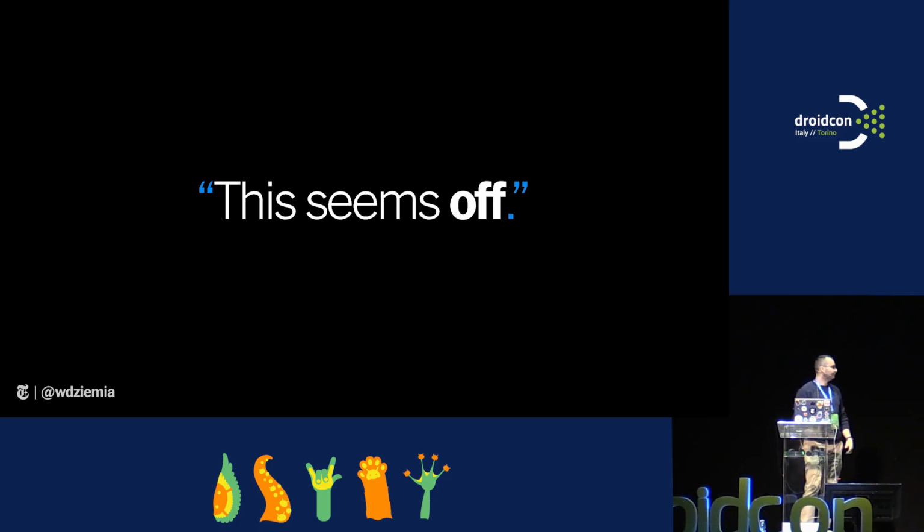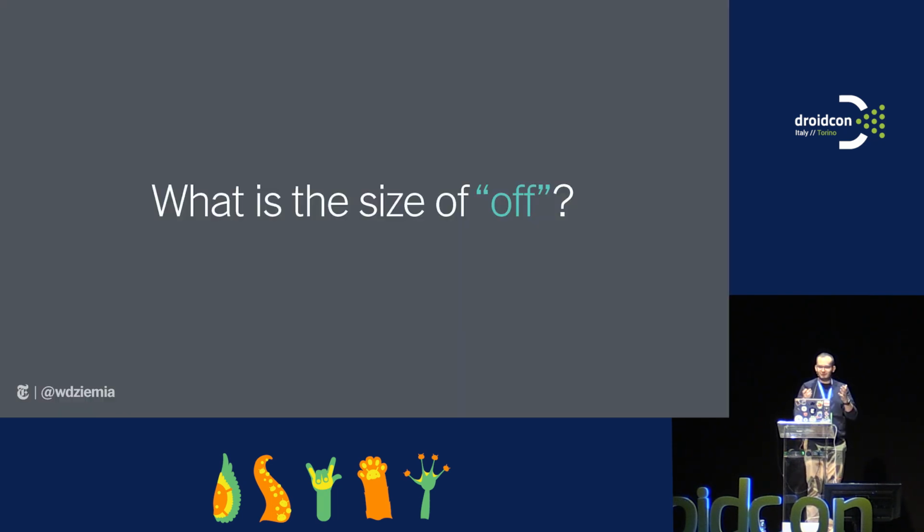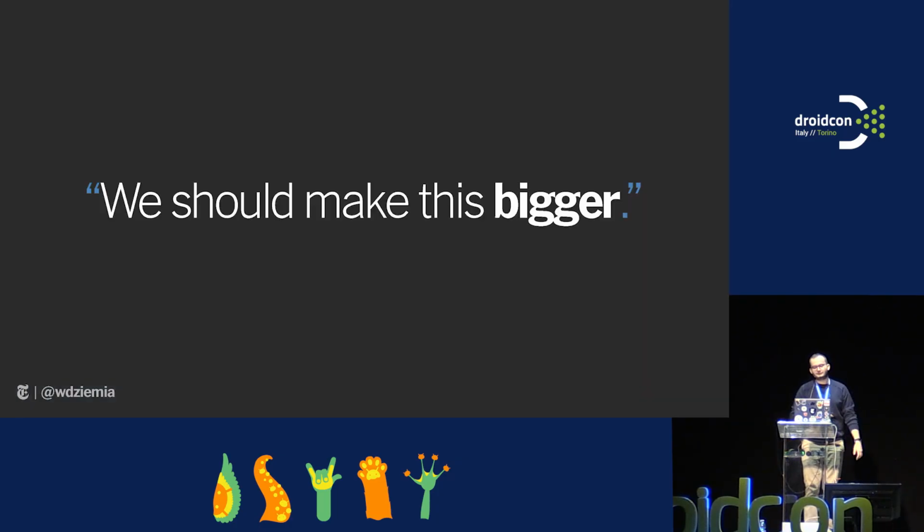So you'll get feedback when you implement a design. You sit down with the designer, and you'll get feedback saying, like, this seems off. Well, what is off? Like, put a number to off. Tell me that. Like, we should make this bigger, you know, define bigger.